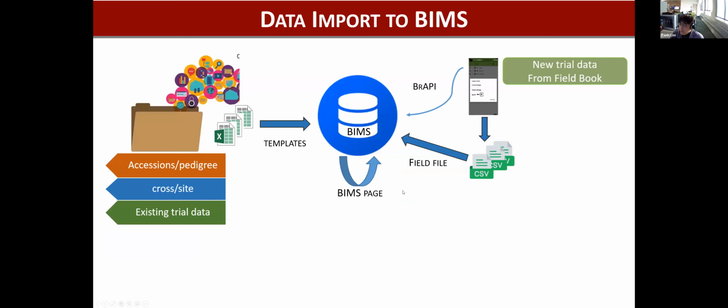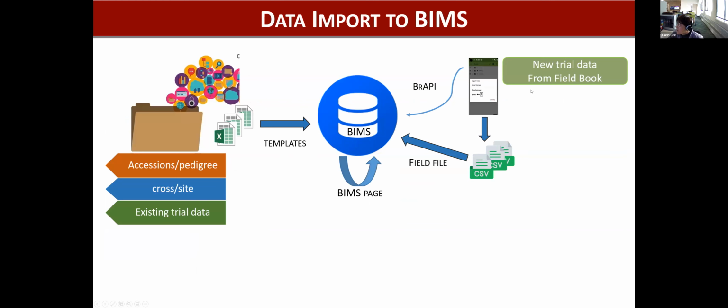Once you create a program and add the group members, now you want to upload data to the BIMS. There are 3 ways to upload data to BIMS. First of all, using a template. Second, you can use the BIMS page to upload. Well, it's not upload, but adding data.